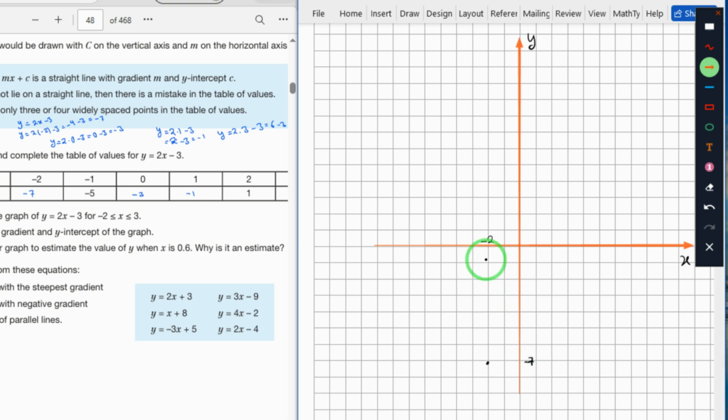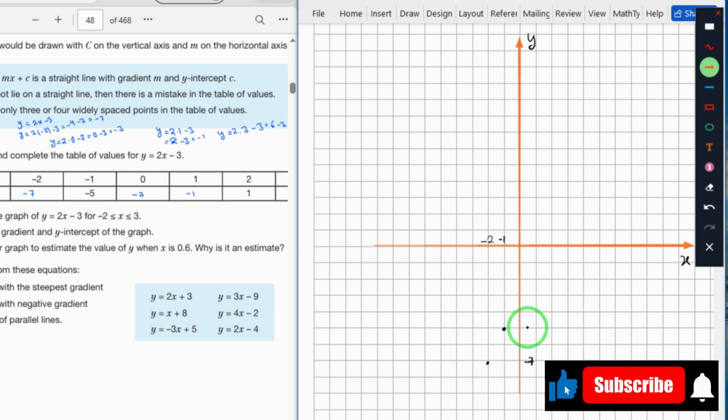We come vertically from minus 2 until we reach minus 7, and this is the first point. Next one is x minus 1 and y is minus 5. We come here as x is minus 1, and come down: minus 1, minus 2, minus 3, minus 4, minus 5.